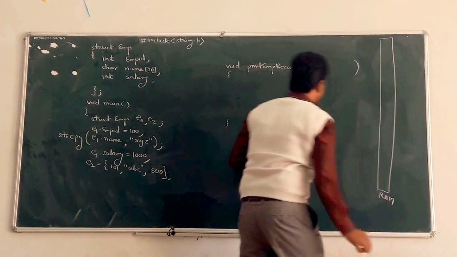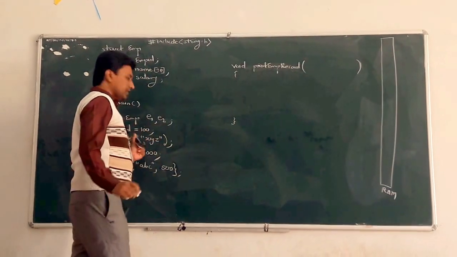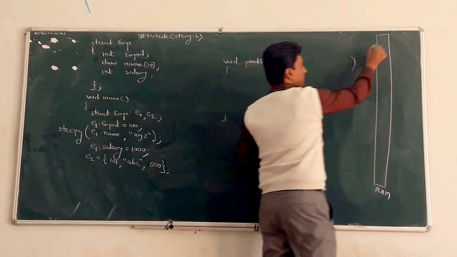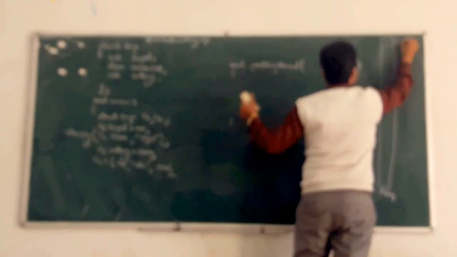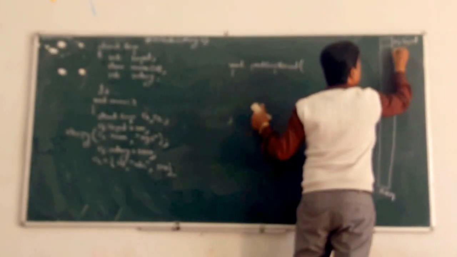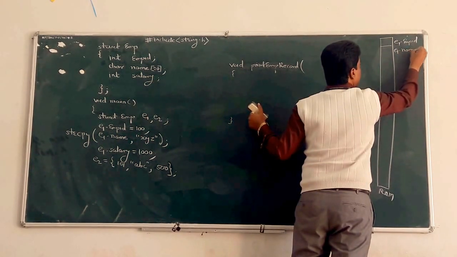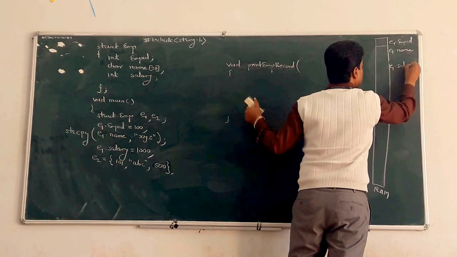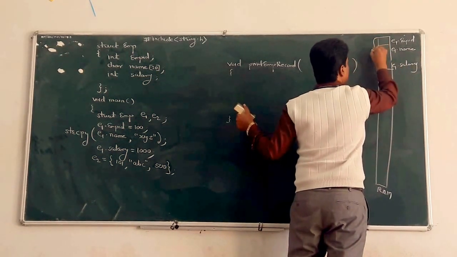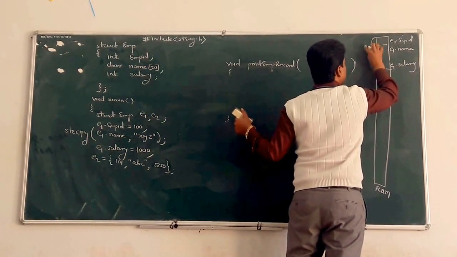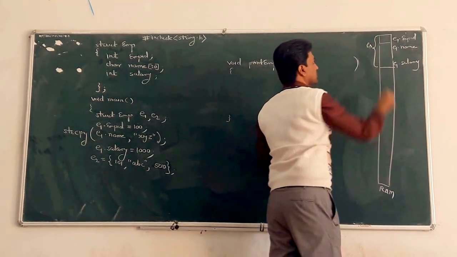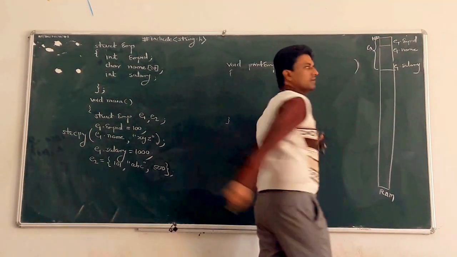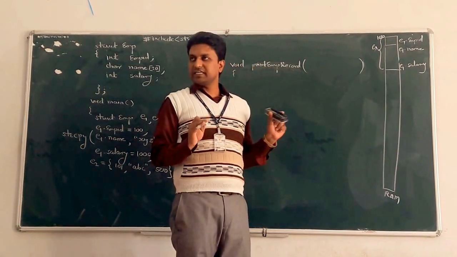Random access memory. So E1 employee: E1 dot employee ID, then E1 dot name, then E1 dot salary. This is your whole record, that is E1. Suppose the base address of the whole record is 100.